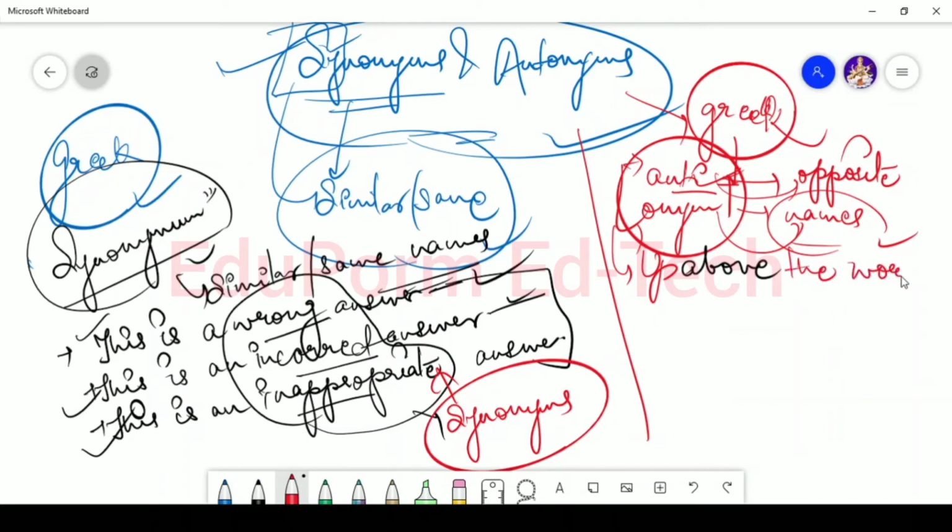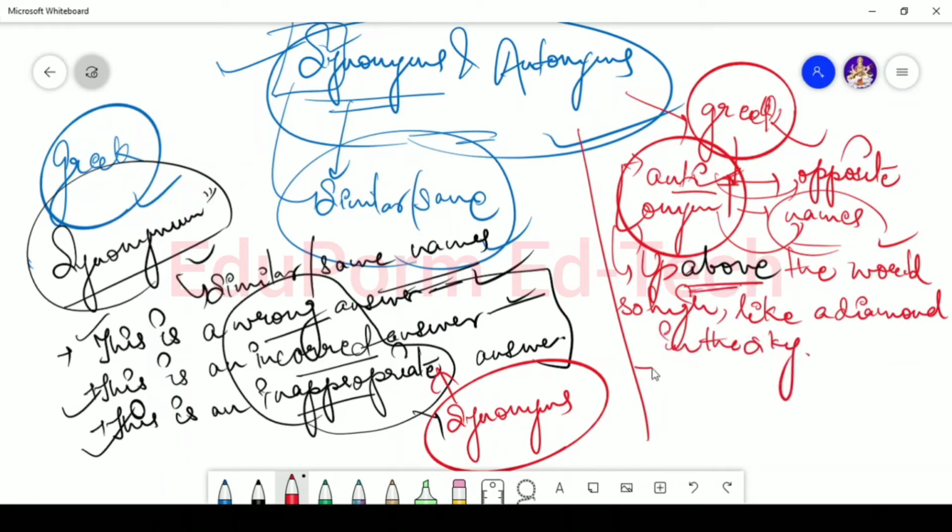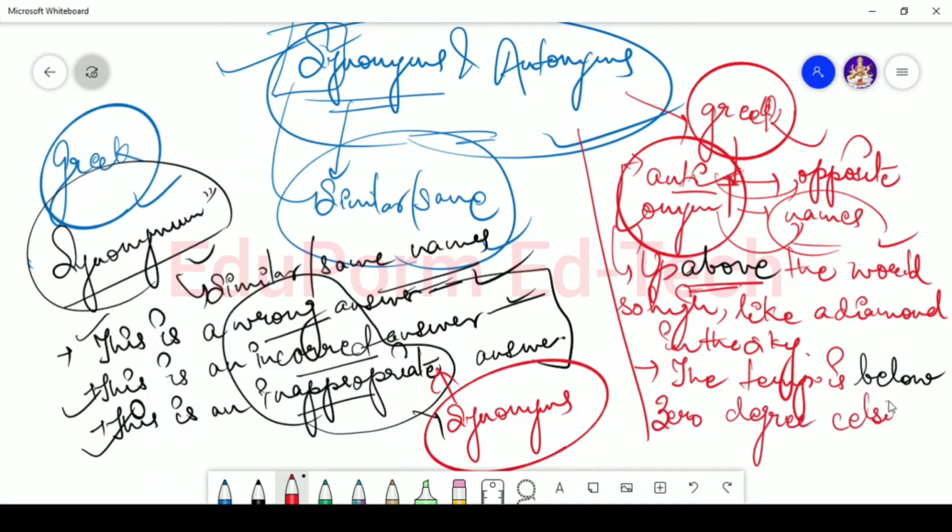Now let's take one more example where I say that the temperature is below 0 degree Celsius.